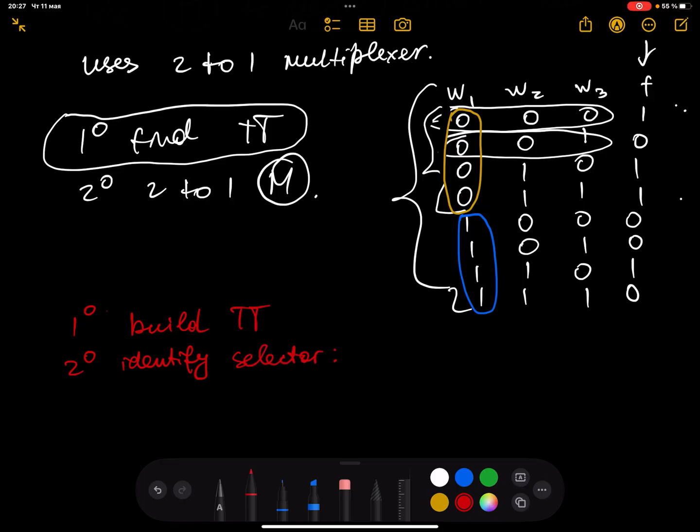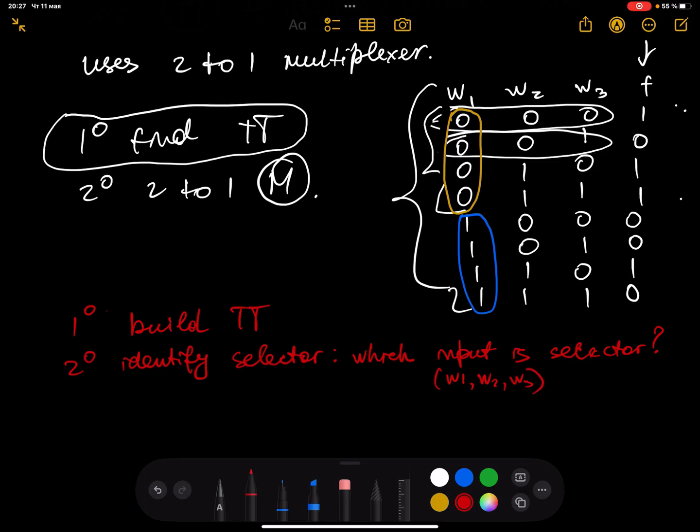To be more precise, which input is the selector. So we have 3 inputs, right? I mean, W1, W2, W3.